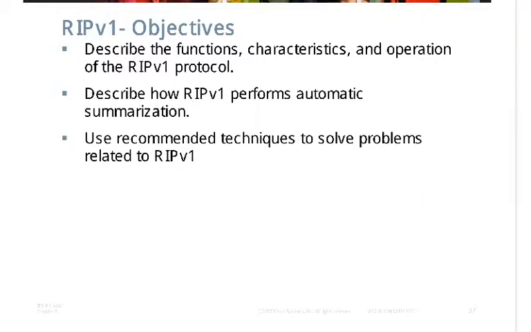And later, like 6 or 7 years after, they released RIP version 2. So we will see the difference between RIP version 2 and RIP version 1 as part of this discussion.